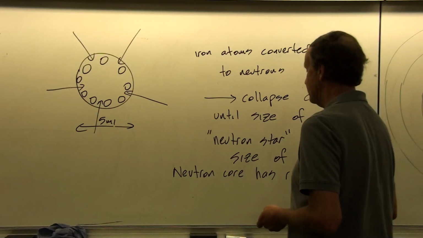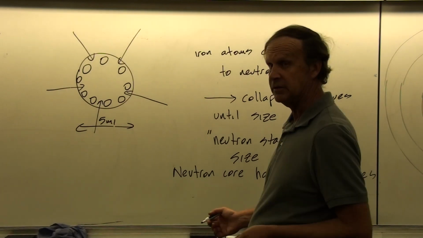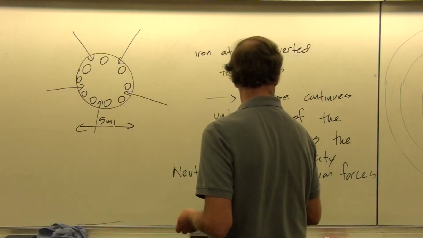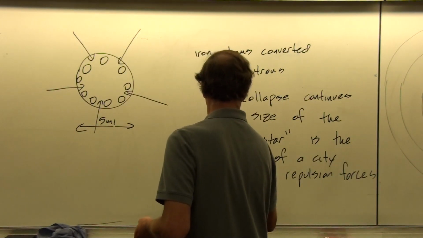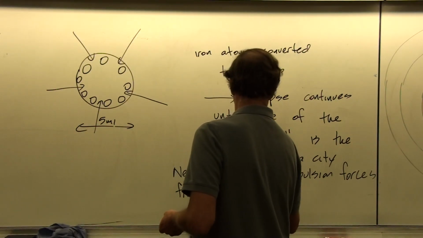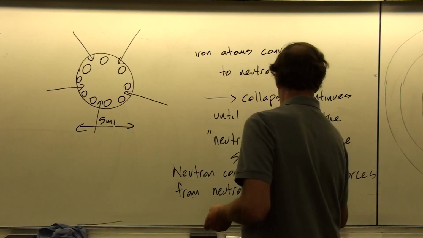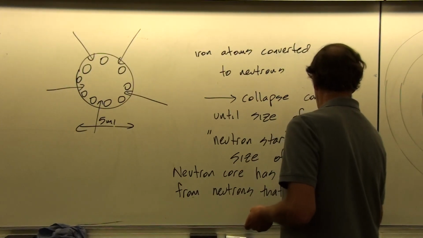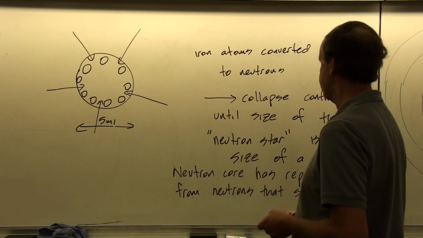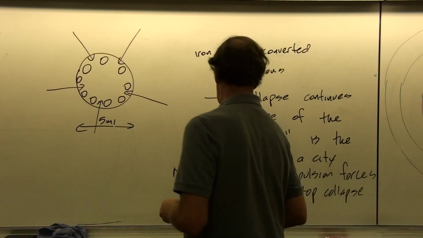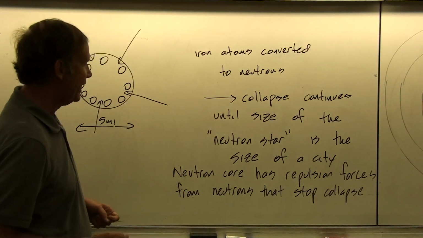Now, it may not seem like neutrons would repel each other, but they do. So this is a very compressed and strange state of matter.